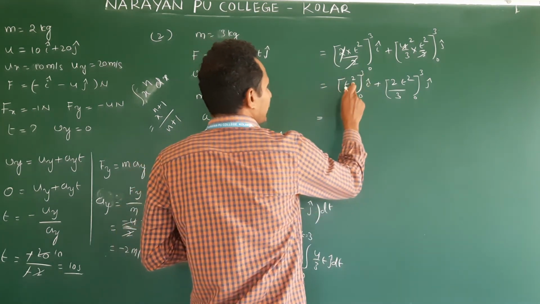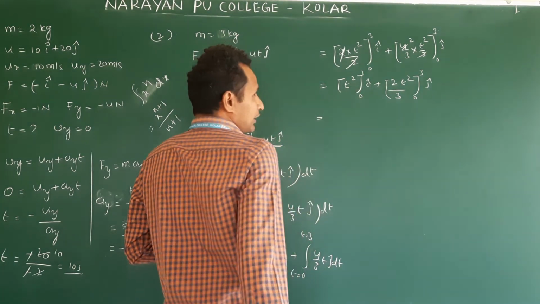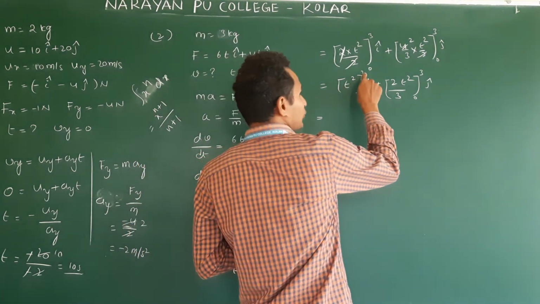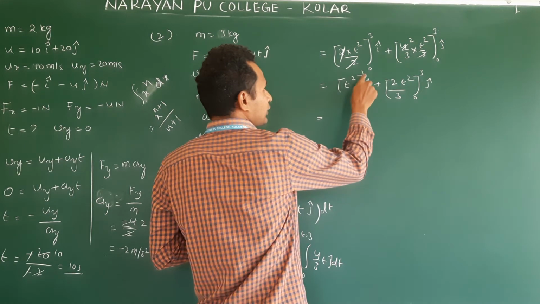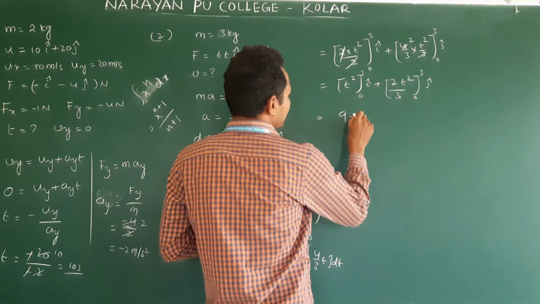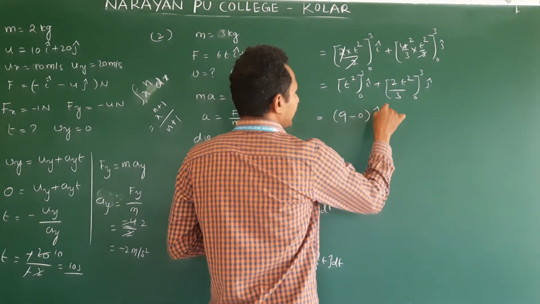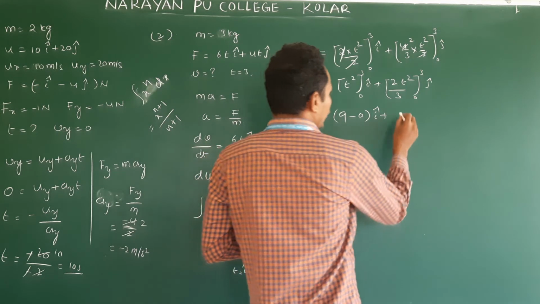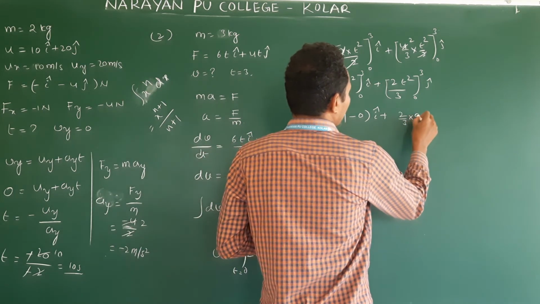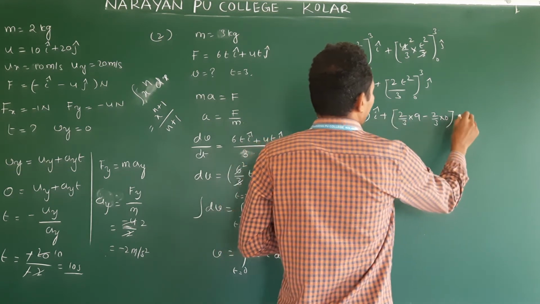In t place first substitute 3, t square is 3 square, which is 9, minus next the lower limit 0 square, 0, i cap, plus here also the same, 2 by 3 into 9 minus 2 by 3 into 0, j cap.